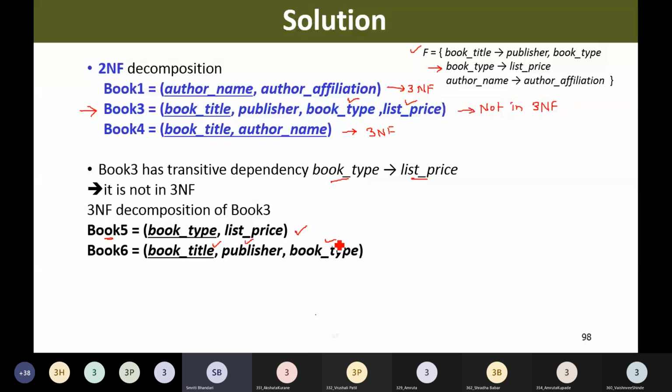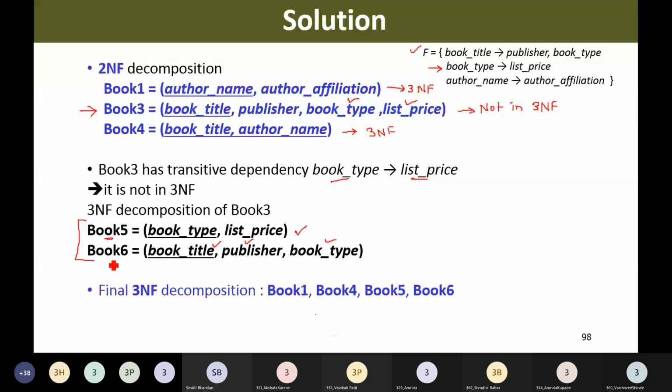So book 6 comprises book title, publisher, and book type. So the relation book 3 is decomposed into 3NF such that we have these two relations, book 5 and book 6.